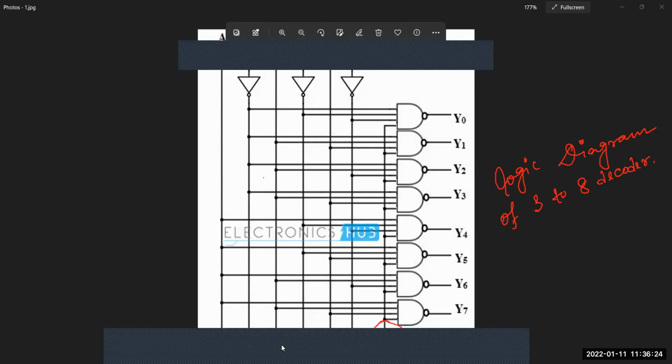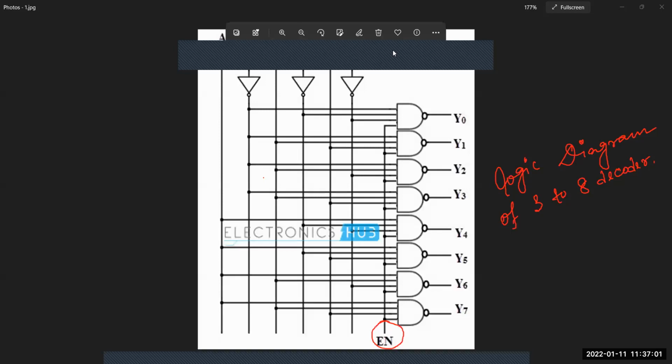So next is the 4 to 16 decoder. I am not discussing the 4 to 16 decoder again because I already discussed the 3 to 8 decoder. It is always the same, but from the name you can easily understand that this decoder has 4 inputs as well as 16 outputs, and you can easily understand the truth table also.